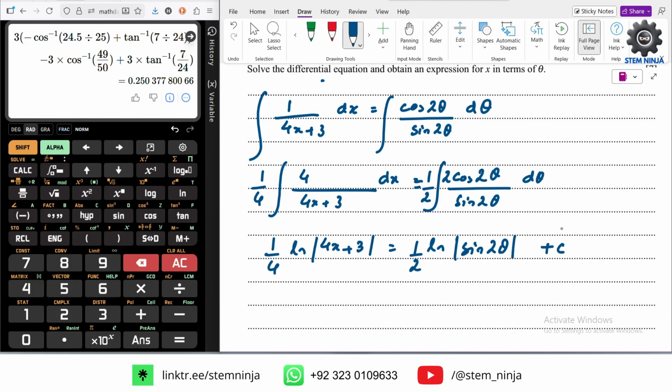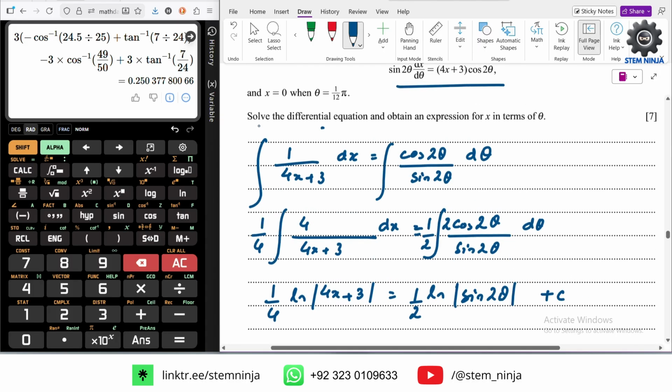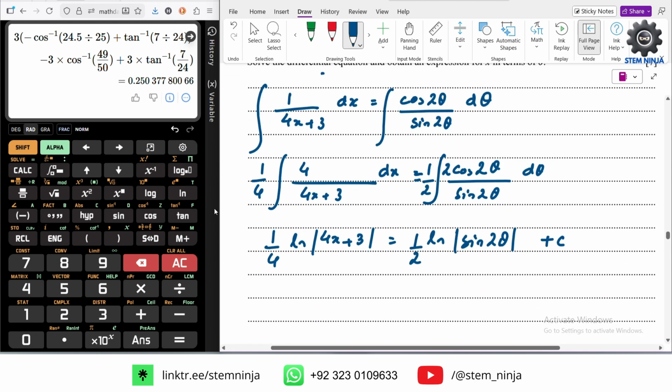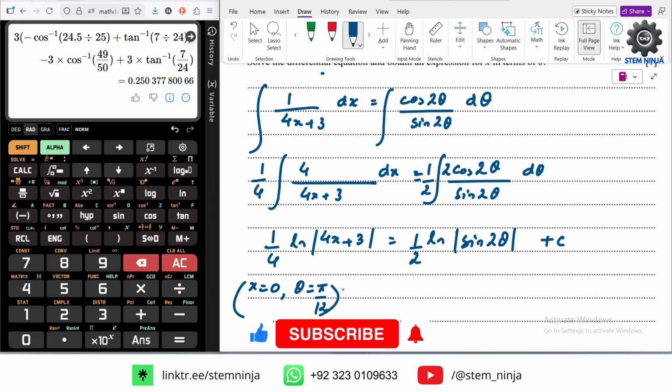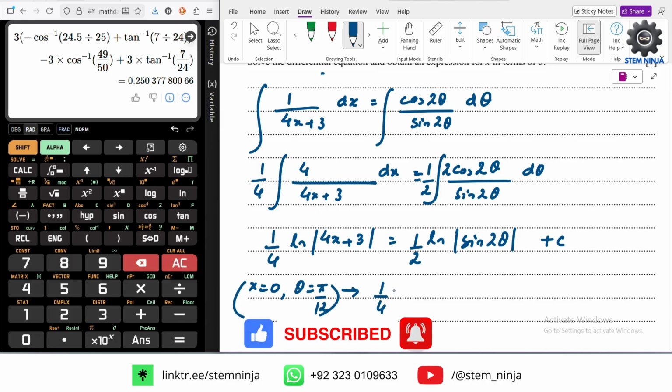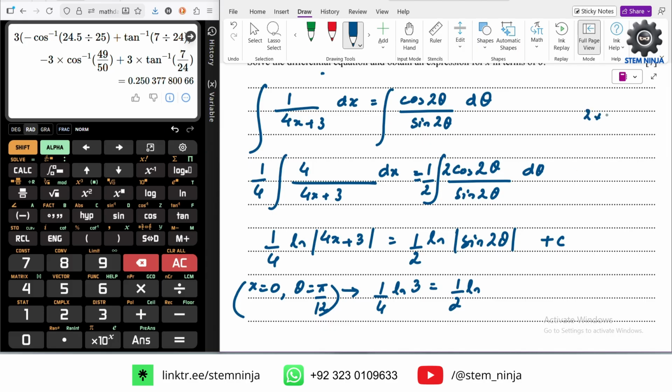plus c. Now we have the condition that when x is equal to 0, theta is equal to pi by 12. So x is equal to 0, theta is pi by 12. So 1/4 ln 3 is equal to half ln sine of 2 times pi by 12, which is pi by 6.